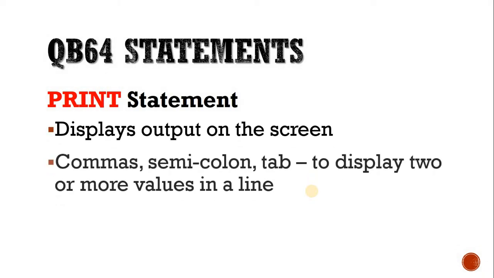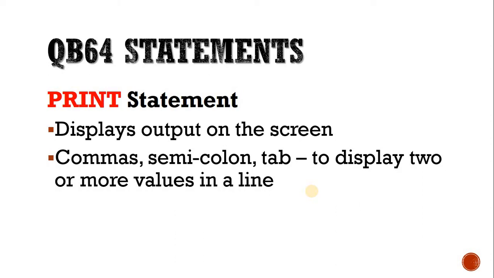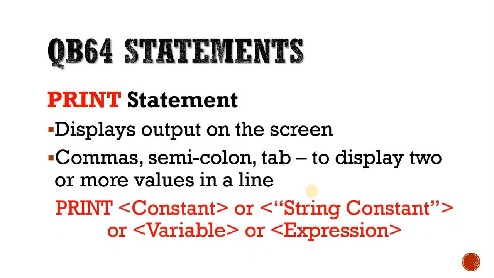To print more than one value in a line, we can use commas, semicolon or TAB function with the PRINT command. The syntax of PRINT command is, first we need to write the PRINT command. After that, constant or variable or expression or string constant, anything can be written.